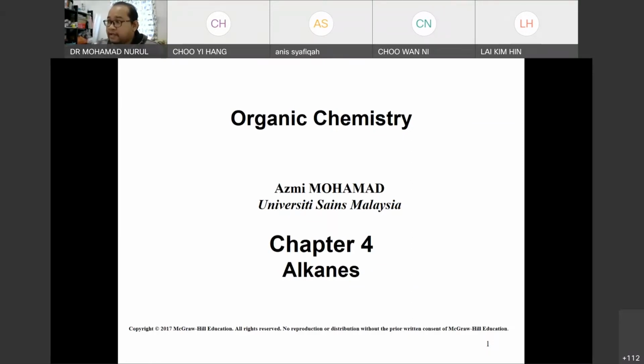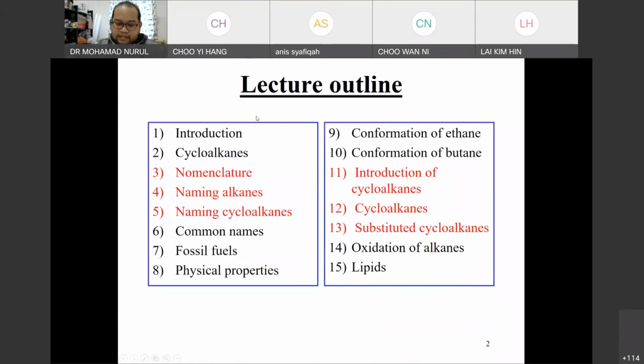Alkanes, okay, it's sp3 hybridization. All carbon is saturated. So regarding this chapter, we will cover introductions as usual, and cycloalkanes, nomenclature, how to name the compounds, and naming the cycloalkanes, of course, okay, common names for the alkanes, fossil fuels.